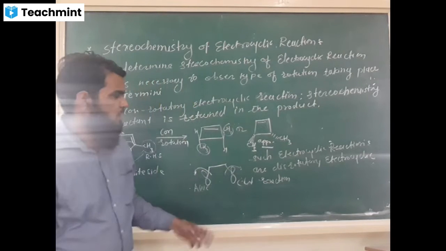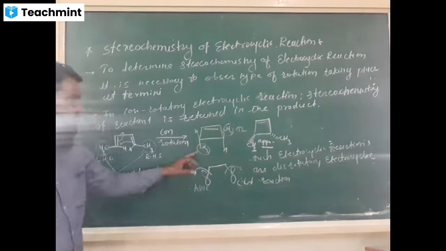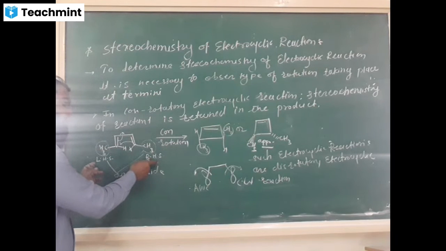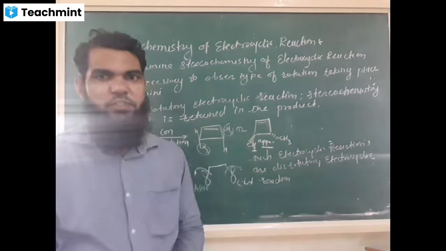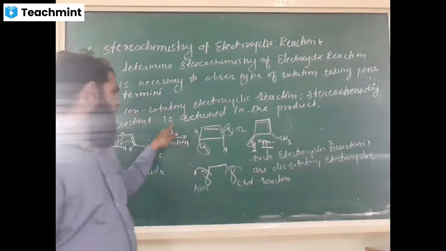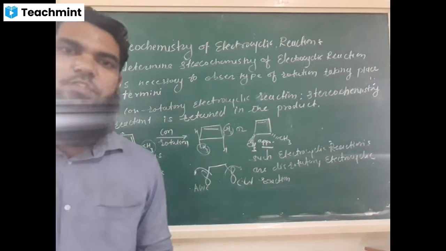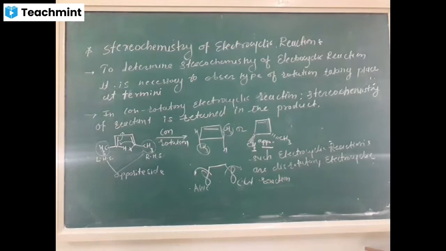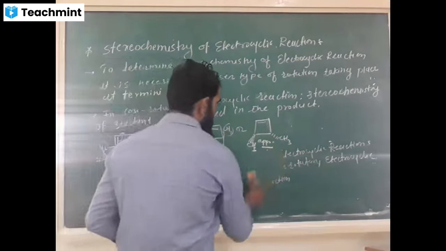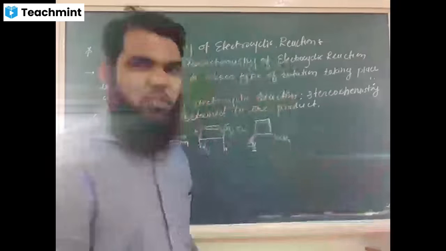It indicates that these two methyl groups are on opposite sides. In reactant they are on opposite sides, in product also they are on opposite sides. It means the stereochemistry of the reactant is retained in the product. Stereochemistry is not changing, it is still the same. So we can write the explanation for this reaction: during conrotation stereochemistry is preserved.